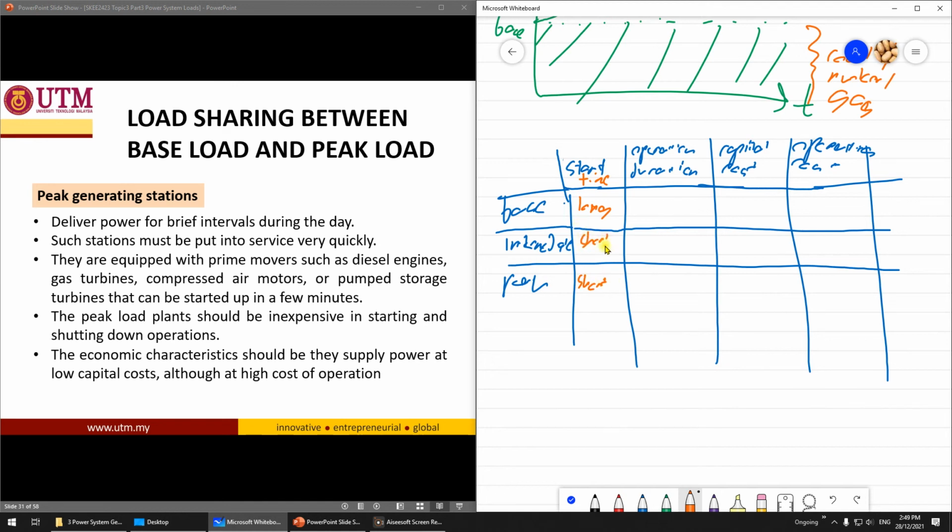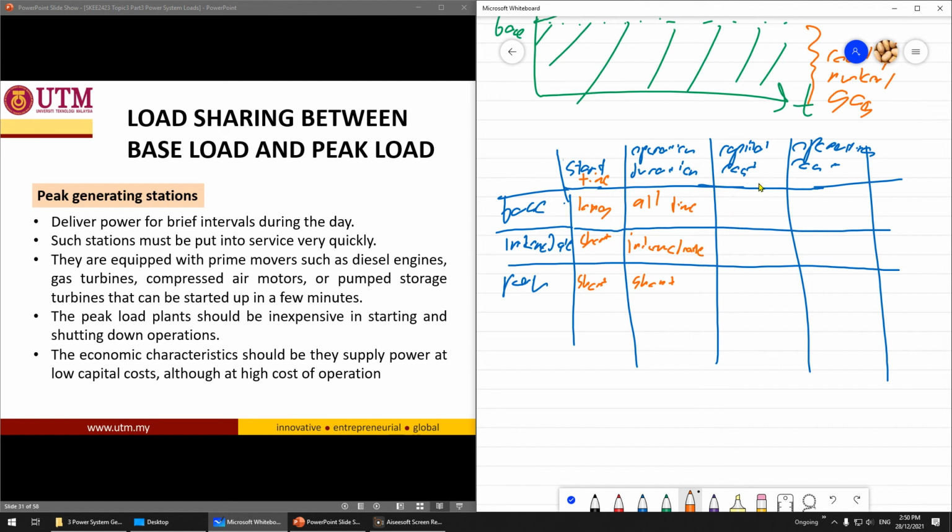For operation duration, this one is all the time, this one is short, this one intermediate.